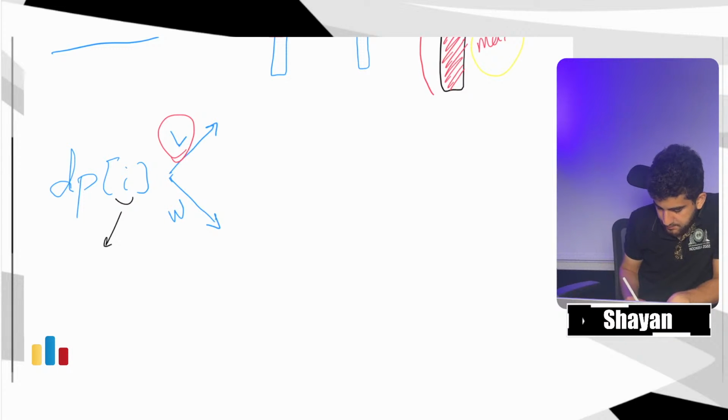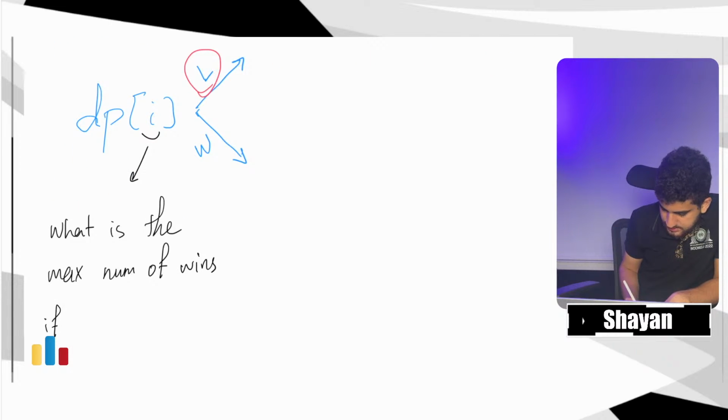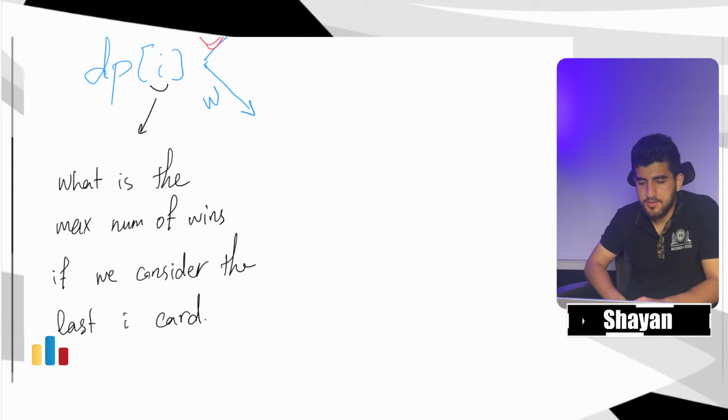Let's say that dp of I means the maximum number of wins if we consider the last I cards. So I is now the number of cards.